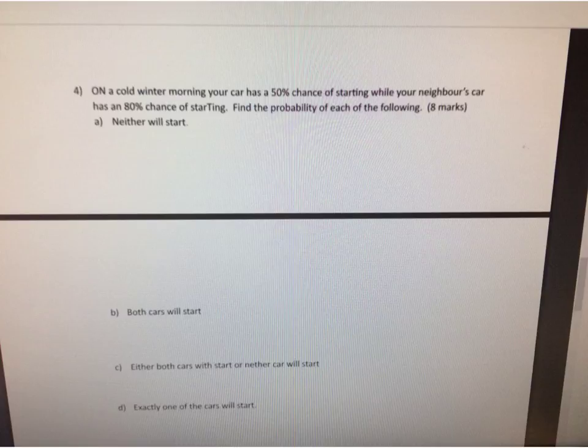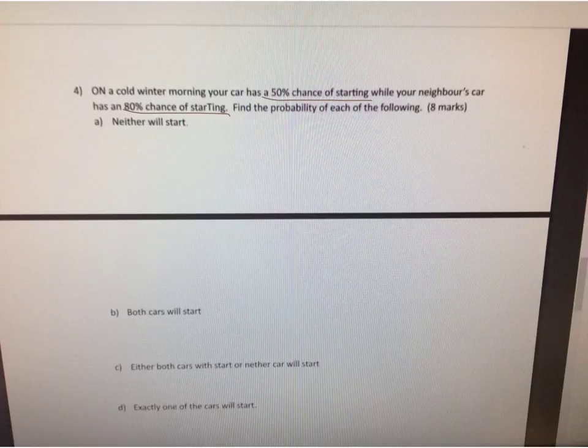So we have the probability of a success being 50% for car 1. And for car 2, your neighbor's car, we have an 80% probability of success. So if we're looking for the probability that we'll have a failure, in other words, that the cars won't start, then the first car is a 50-50, right?